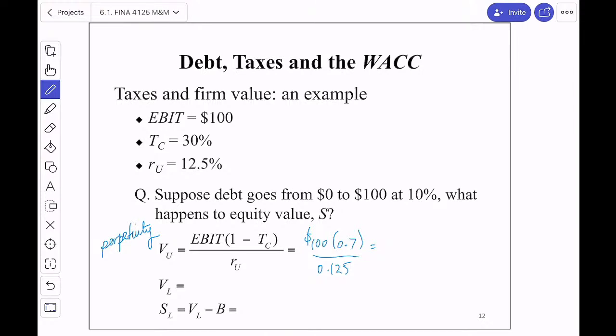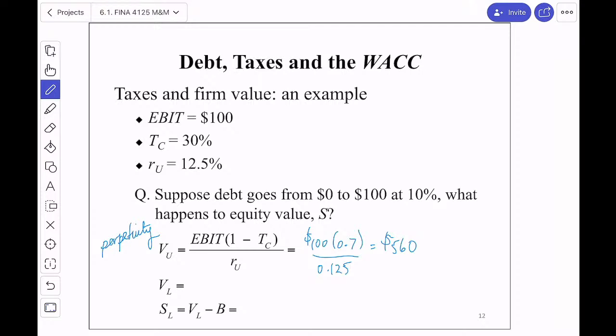What do you get? It's 560. So this is the value of the firm with no debt, just stockholders holding stock. So that's actually the value of outstanding stock, right?